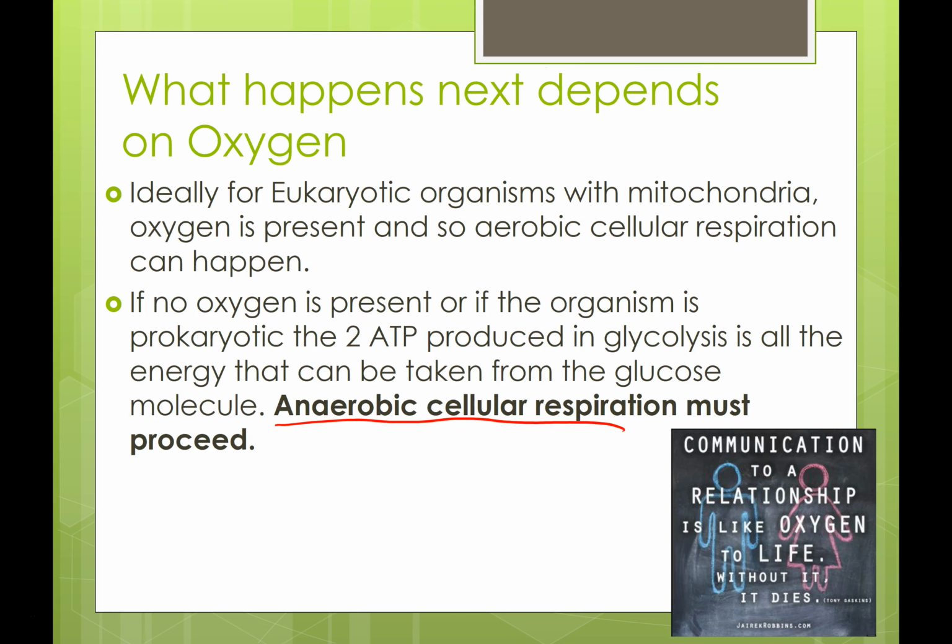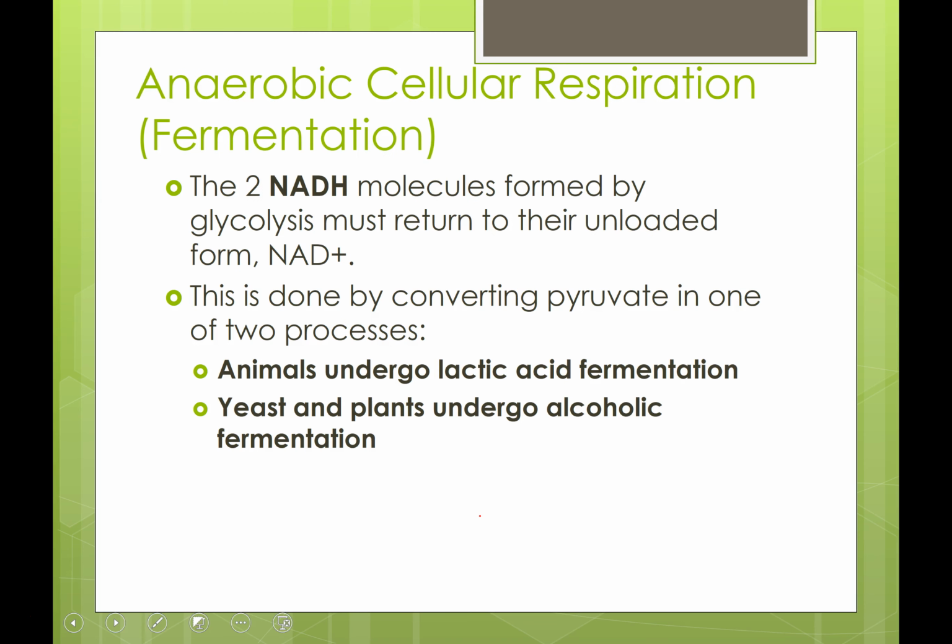So we're going to keep going, and we're going to have anaerobic cellular respiration proceeding. Another name for anaerobic cellular respiration is fermentation, right? And those 2 NADH molecules have to return to their unloaded form so that further anaerobic cellular respiration can actually happen.